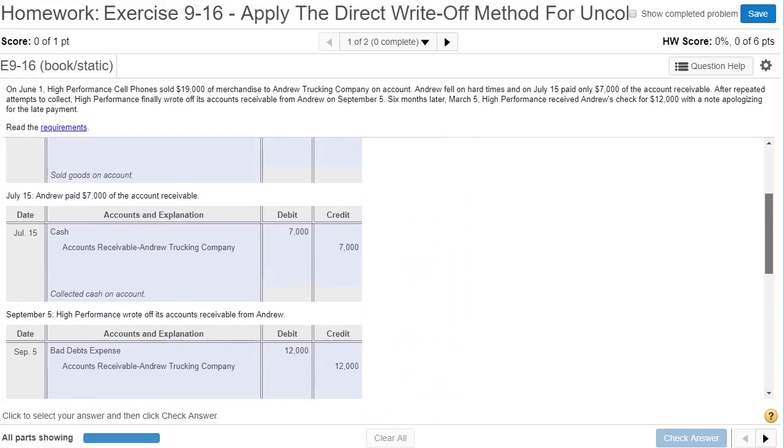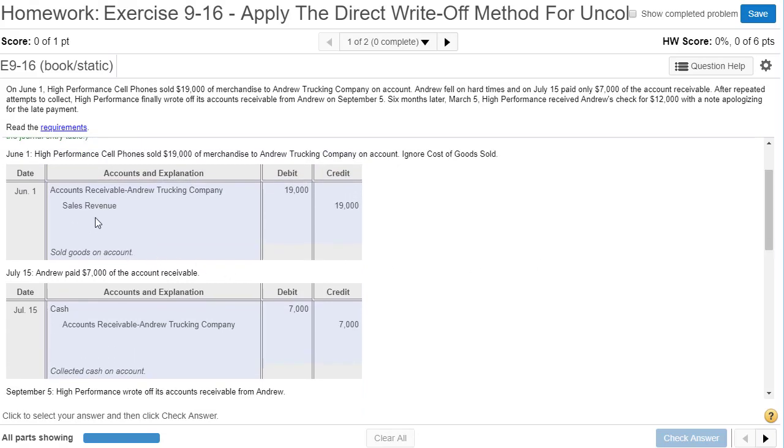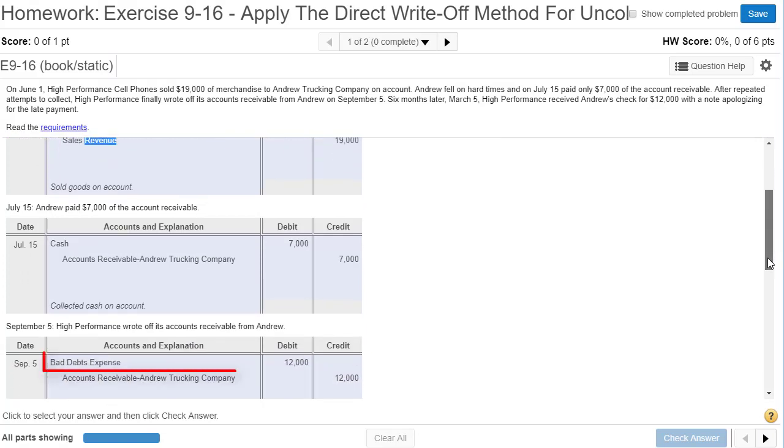So back up here, in June, we recorded revenue. And then we didn't record the bad debt expense till a couple months later.